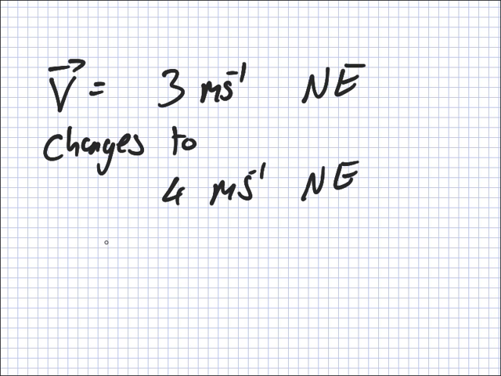So what's delta v? 4 minus 3, so that's 1 meter per second northeast.